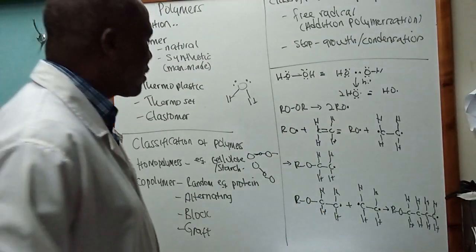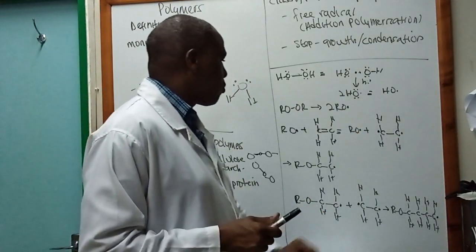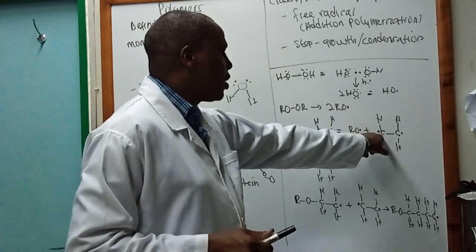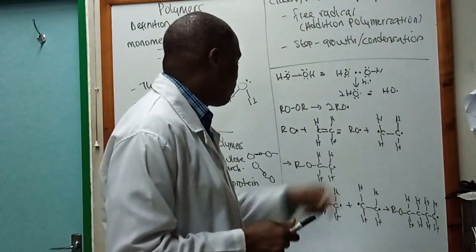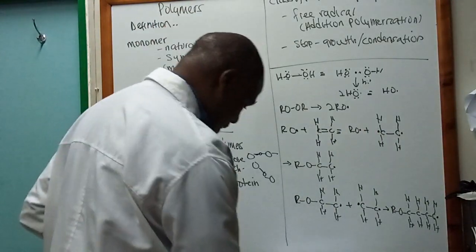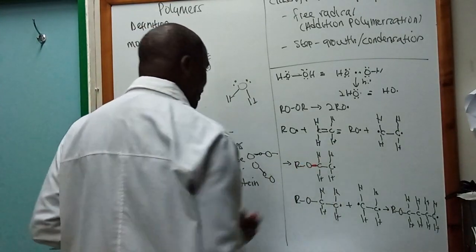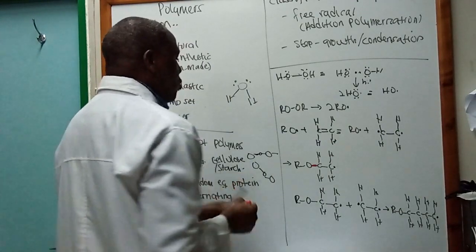I've illustrated those two unpaired electrons as one electron and one electron on this side. So the free radical plus one of the electrons from the pi bond will form a covalent bond, which I've shown here, perhaps in red. That's the new bond I've formed. The unpaired electron will form your new radical.